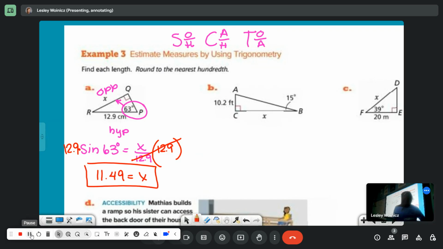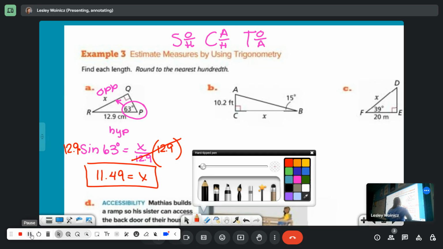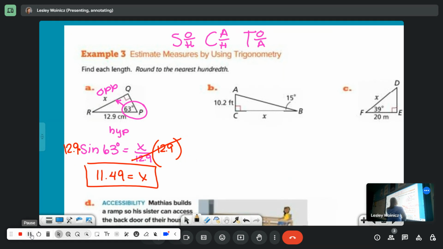Okay. New triangle. Where's my hypotenuse? Yeah, my little side segment AB. This is the hypotenuse. Okay. They're giving me angle B is 15 degrees. Opposite of angle B is 10.2. So that's my opposite side.